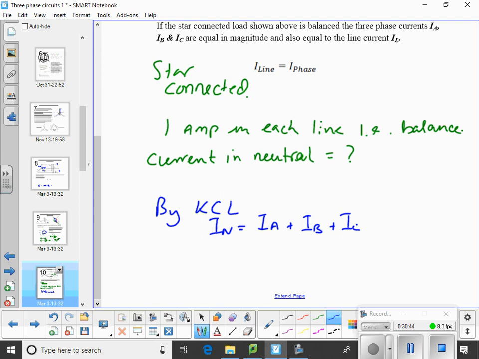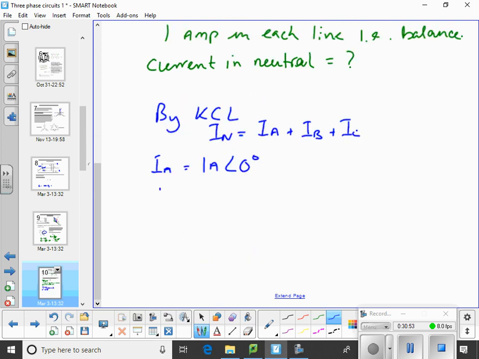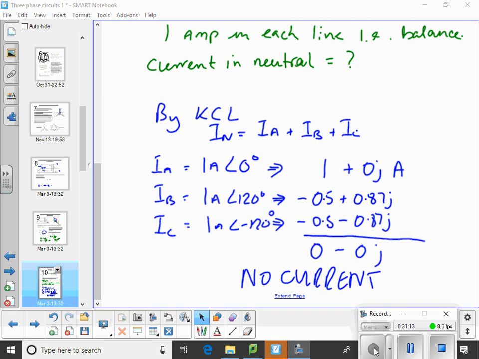But if IA equals 1 amp angle 0 degrees, IB 1 amp angle 120 degrees, IC 1 amp angle minus 120 degrees, convert all of them to rectangular to find the flow in the neutral.